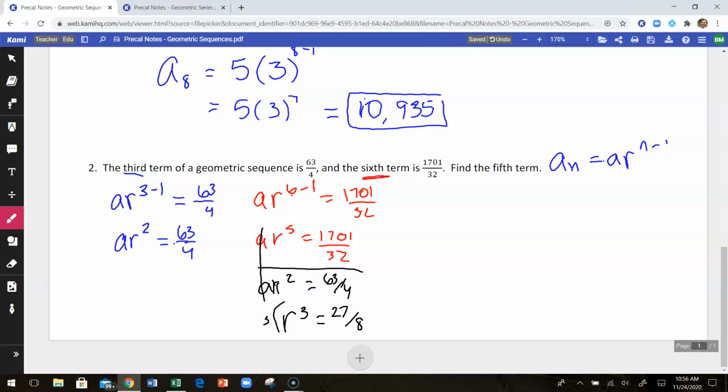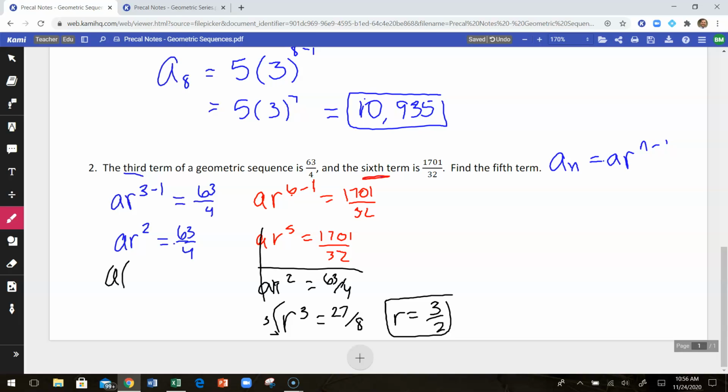If I take the cube root of this, I get that R is equal to 3 halves. Okay, so now we know R. We can find A. I'm going to use this formula here.